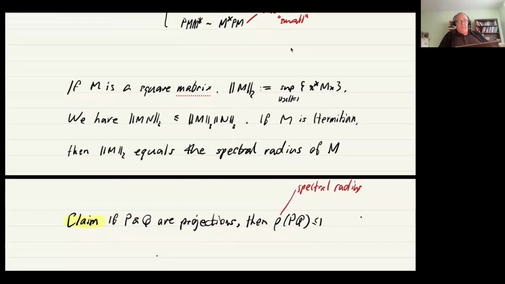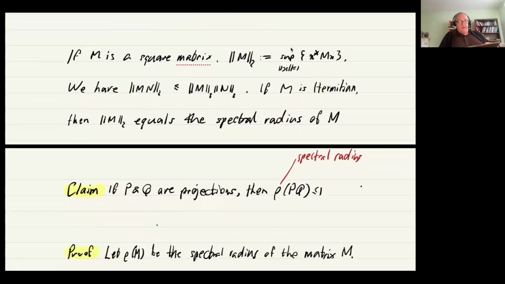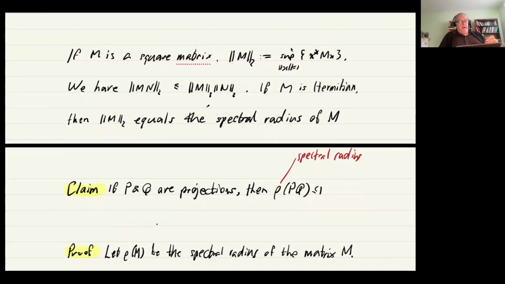So it follows that if P and Q are projections, P has norm less than or equal to 1, Q has norm less than or equal to 1. So by this, PQ has norm less than or equal to 1. That tells me the eigenvalues of PQ or PQP or QPQ all lie in the interval 0, 1. And we'll need that at some point, although by the time I use it, you may well not notice it.